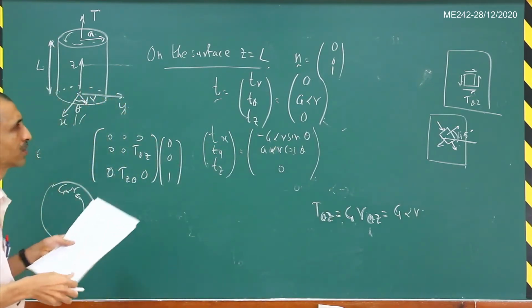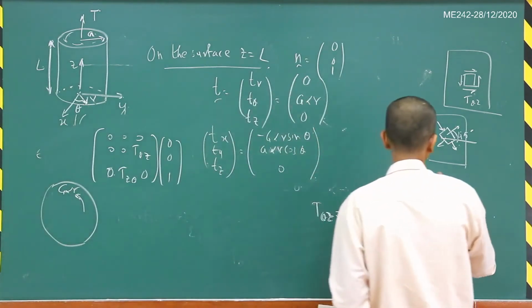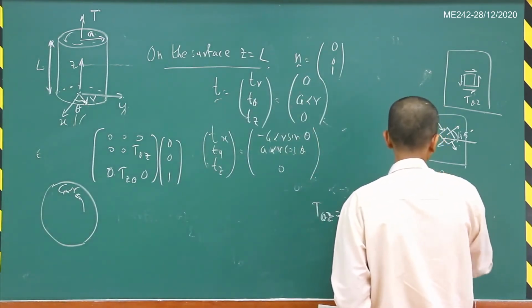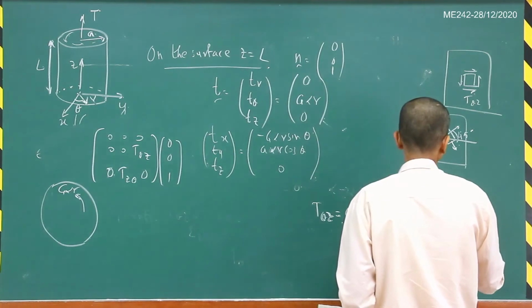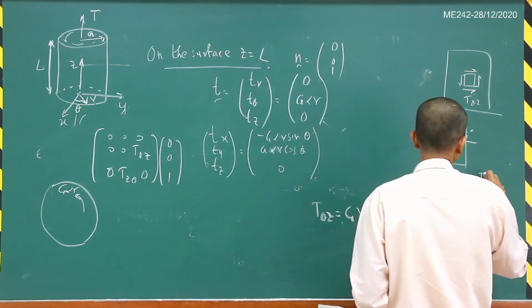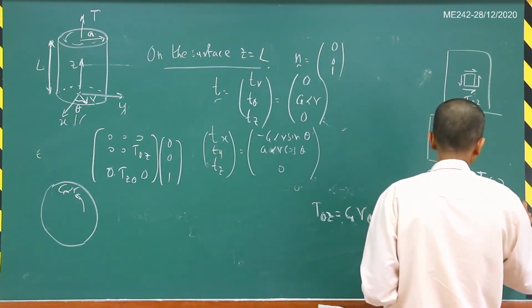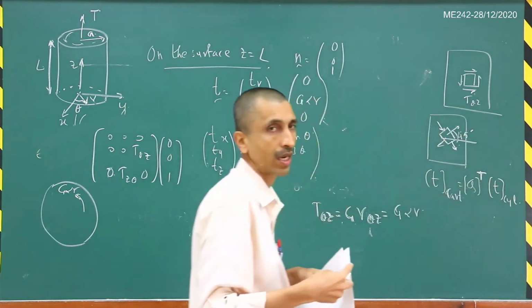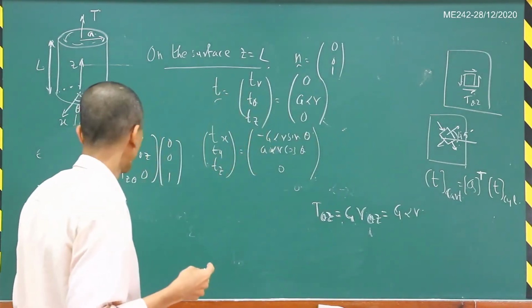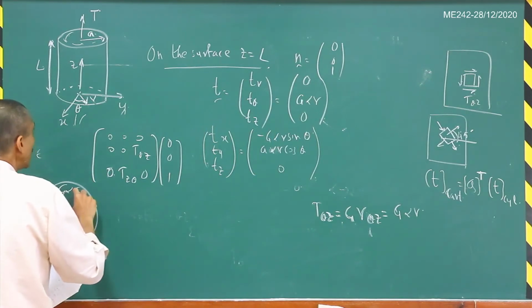This is obtained using that relation that t in the Cartesian system is equal to Q transpose times the traction in the cylindrical system. Here it is actually quite simple because t theta is along this particular direction.